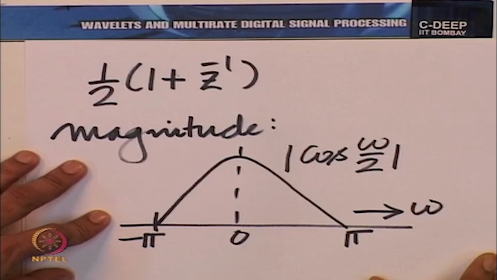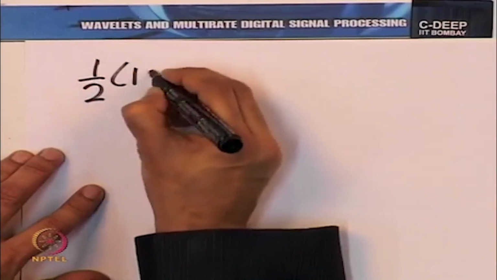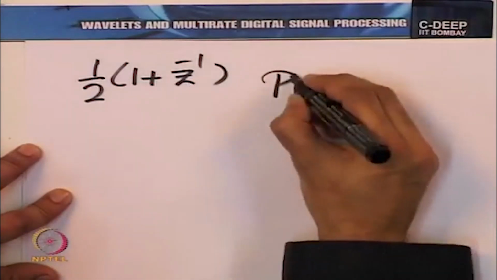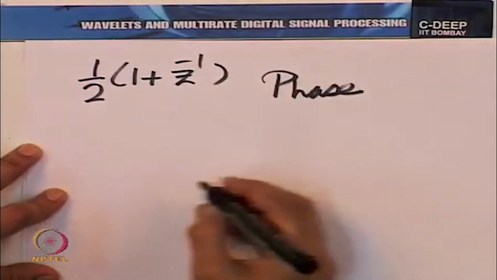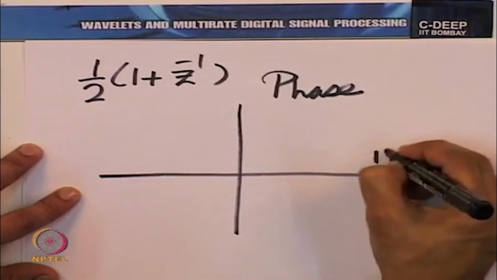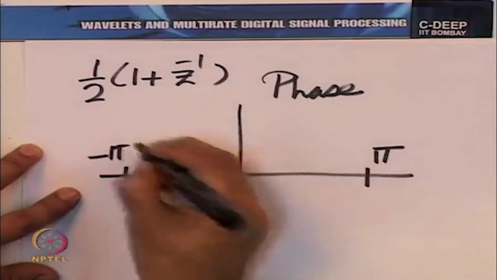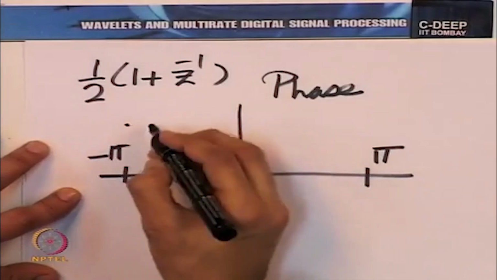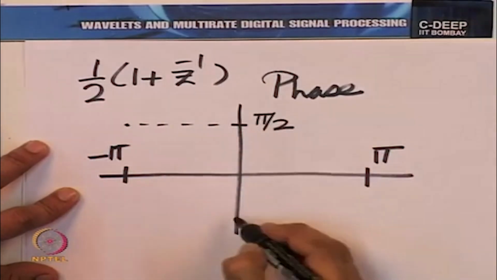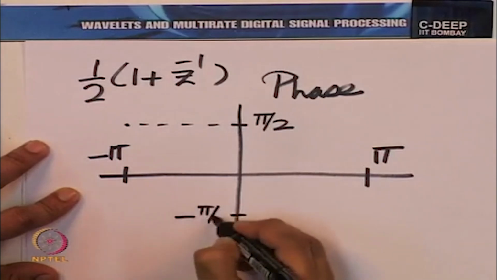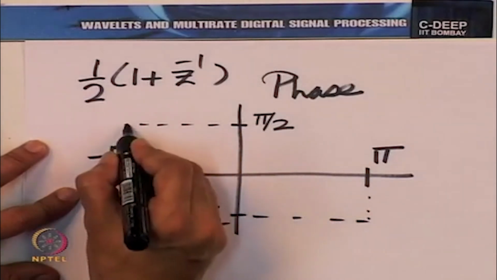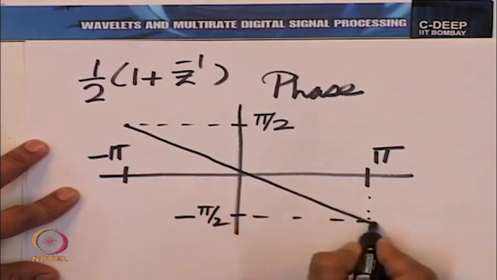And the phase. This starts at plus pi by 2 here and goes up to minus pi by 2 there, passes through the origin, of course, a straight line.